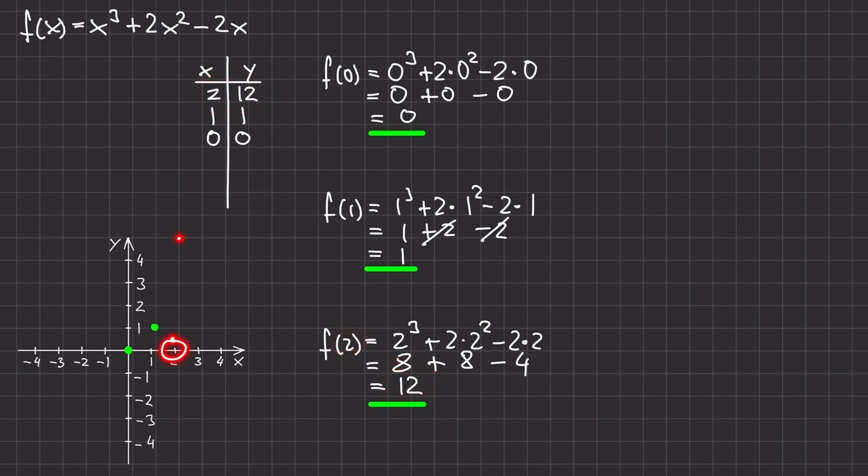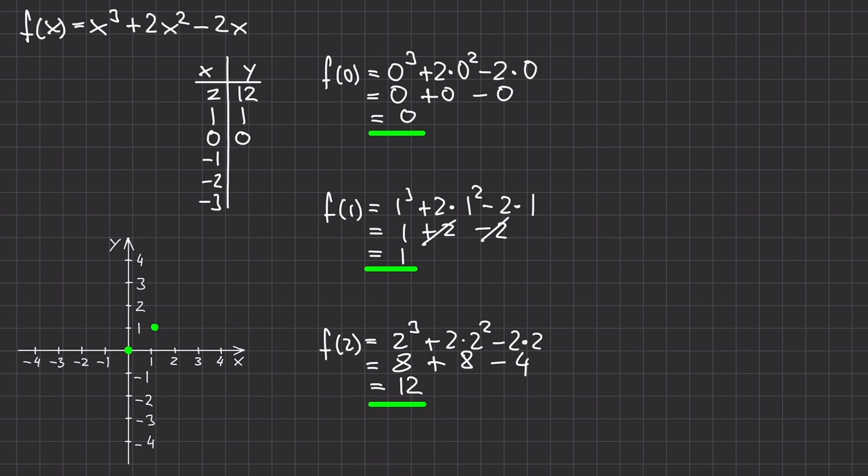We see that we can't graph the point (2, 12) on our xy plane because our xy plane goes only to 4.